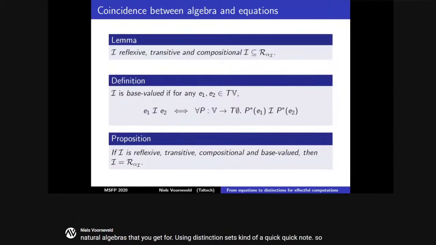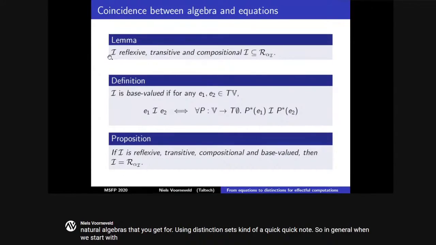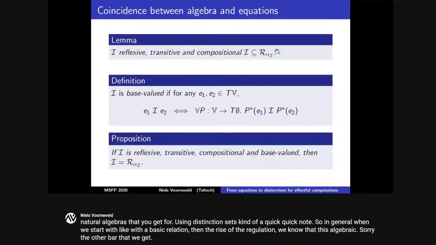So in general, when we start with a basic relation and then derive this algebraic relation, we know that the algebra that we get does not distinguish between any terms that were identified by the original relation.